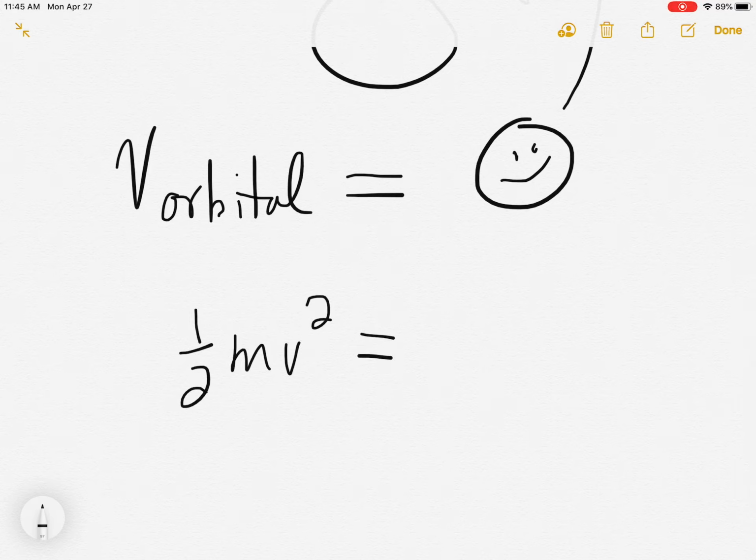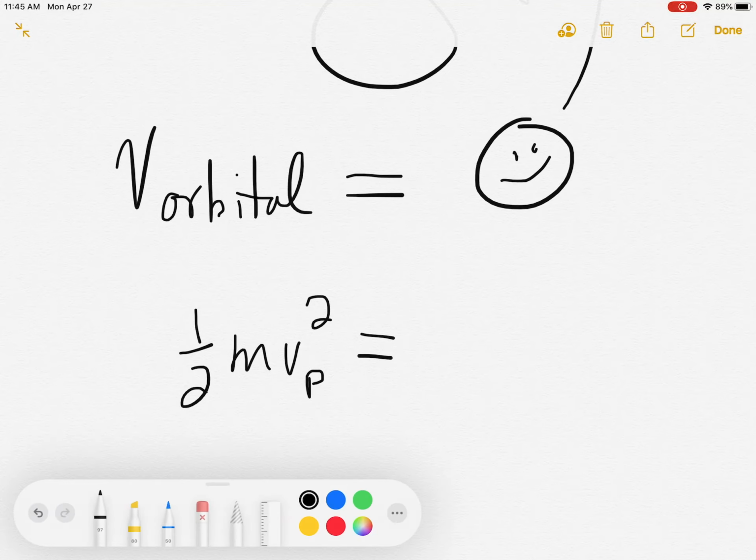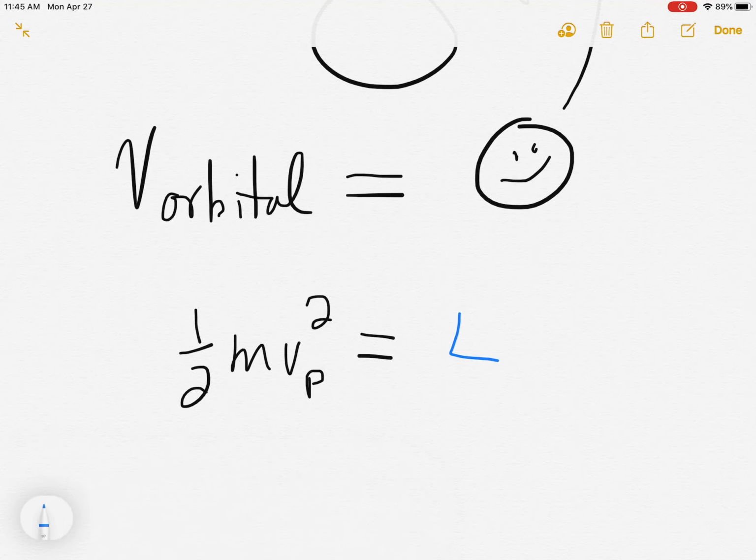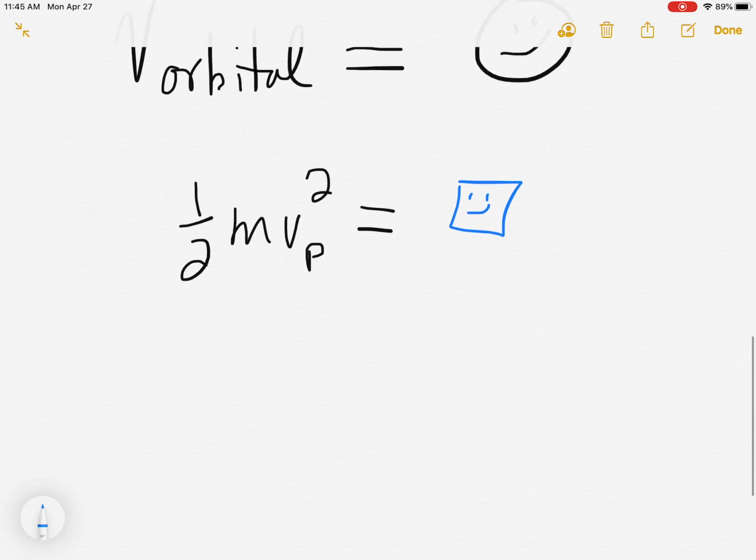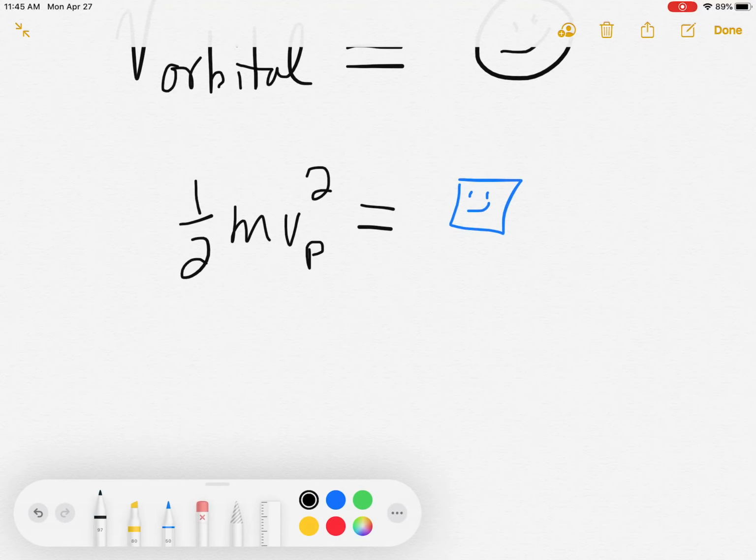Once you have the orbital speed, you can use it here to figure out their kinetic energy. That's really all there is to it. You have 1/2 mv squared, and v is the pellet speed. I'll put a P there.